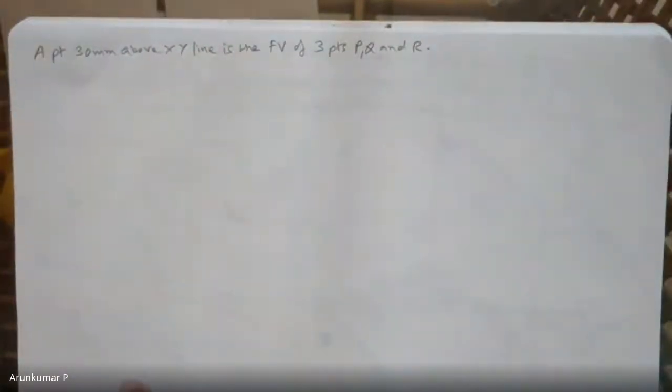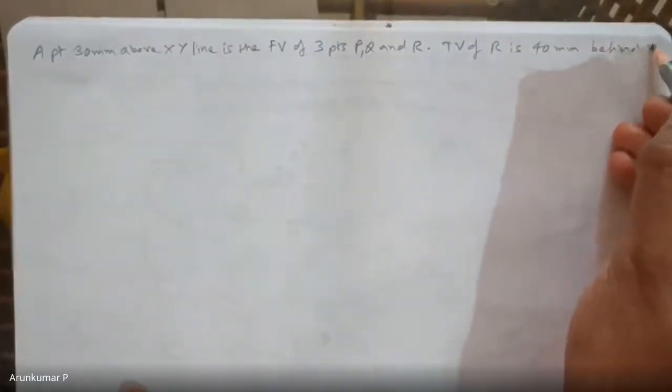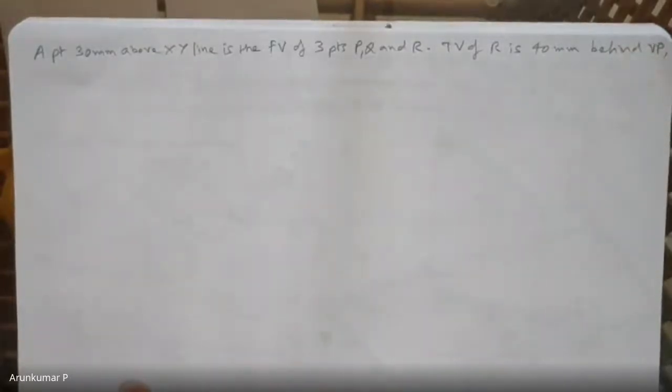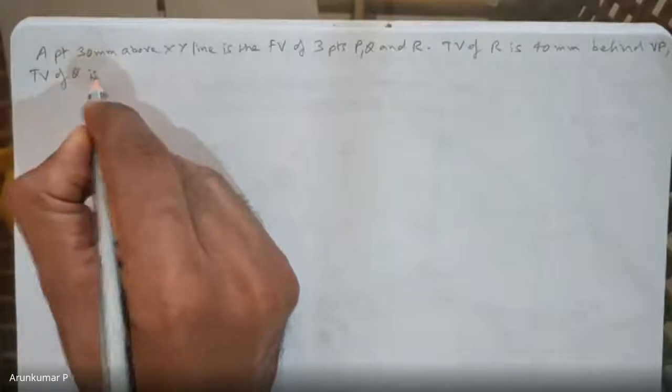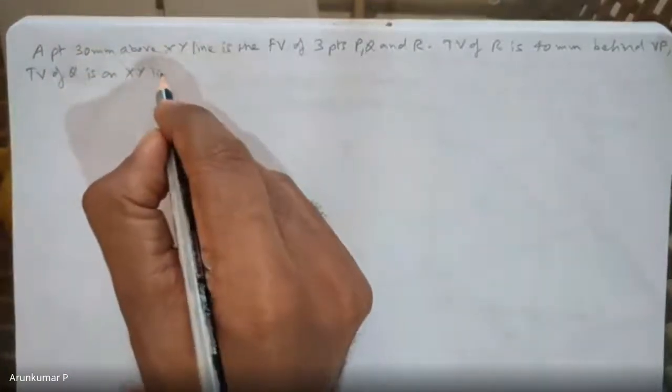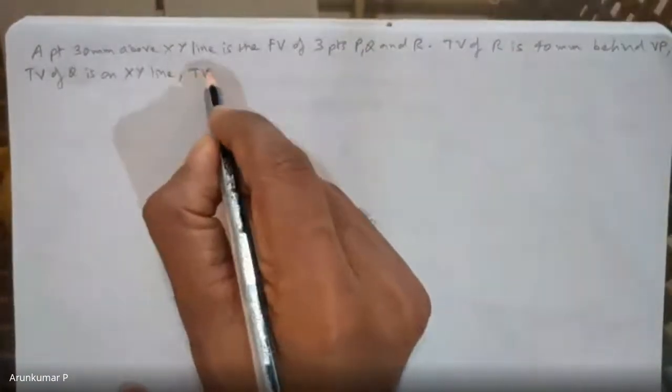The top view of R is 40 mm behind VP. Top view of Q is on XY line. And top view of P is 45 mm in front of VP.